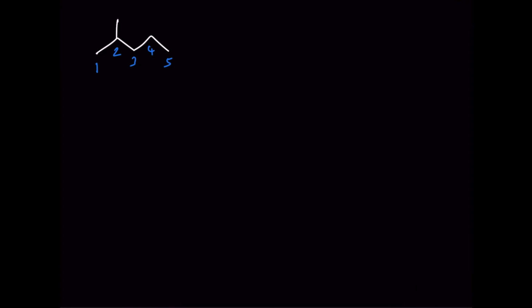If you number it right to left, then it will be at 4 position, 1, 2, 3, 4, 5. We have to give the lowest number for the substituent, and therefore this way of numbering that we did here is not correct. Therefore, the correct IUPAC name for this molecule is 2-methyl. We have 5 carbon atoms in the parent chain, therefore pentane.